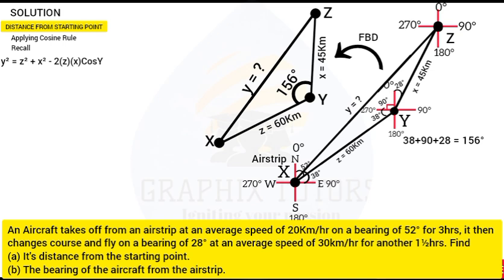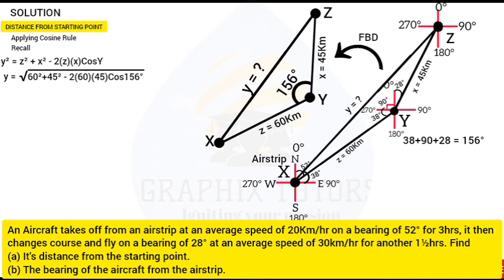So if I start inputting my parameters here, I will now say that my y will be equal to, when the square crosses the equal sign, it becomes the square root of 60 square, since z is 60, plus x is 45, so 45 square, minus 2 times 60 times 45 cos 156 degree. I'm putting my parameters since we have the values for x, y, and z.